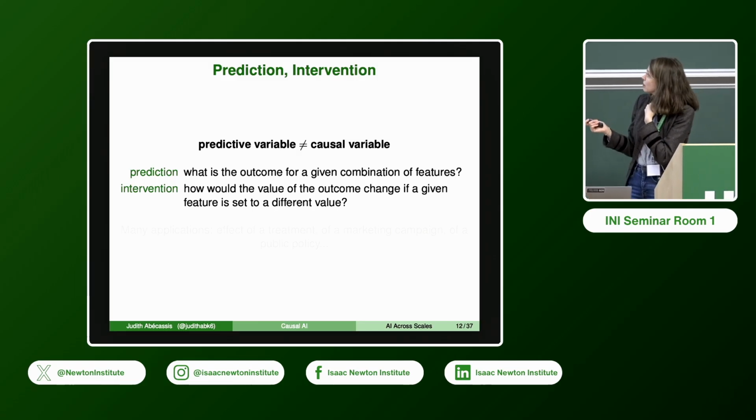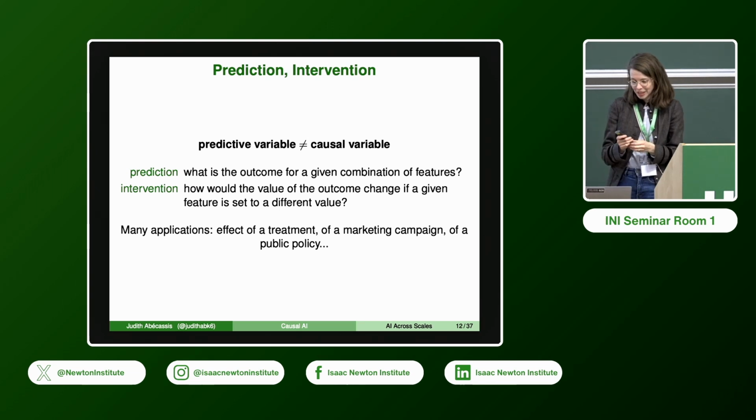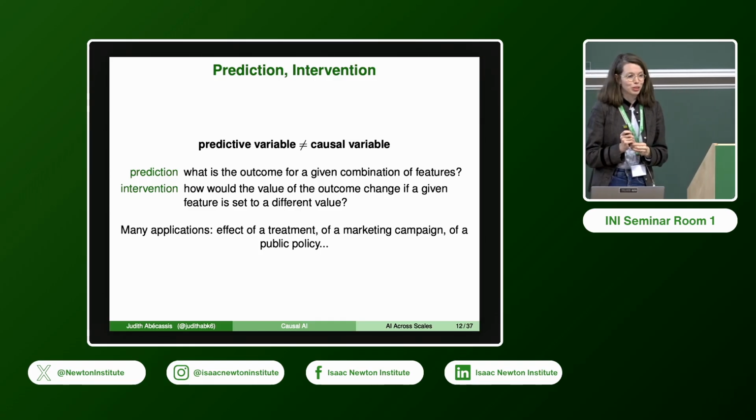So again, it has many applications that are a little different from the predictive model. So we can focus on the effect of a treatment or an intervention, of a marketing campaign, of a public policy. And the good news is that we have good principles to make sure we can measure those.